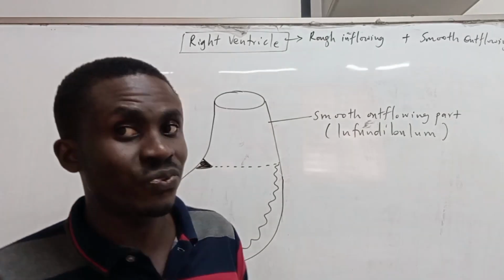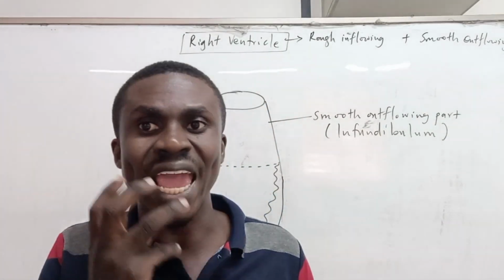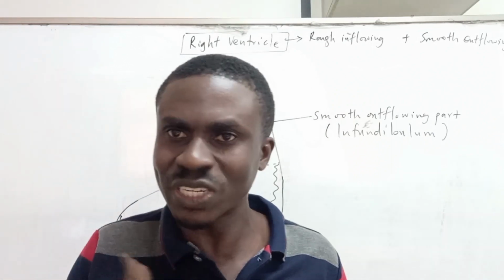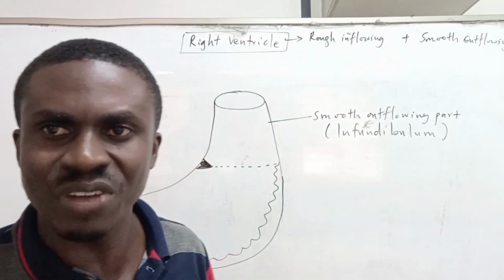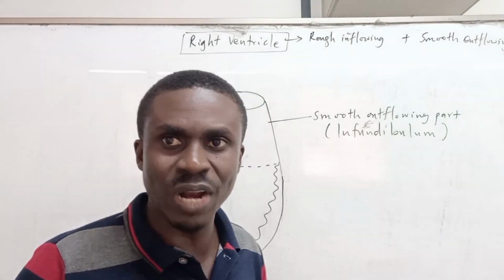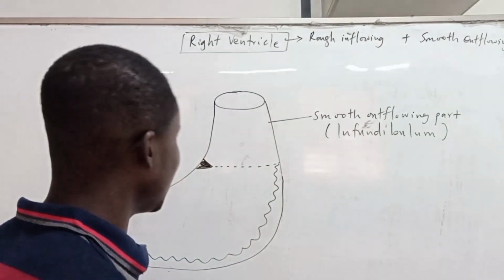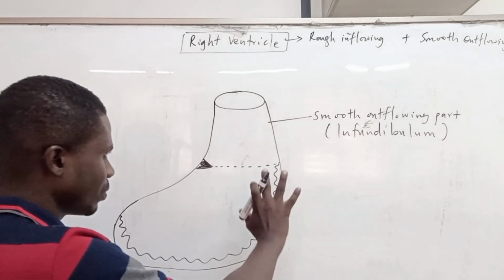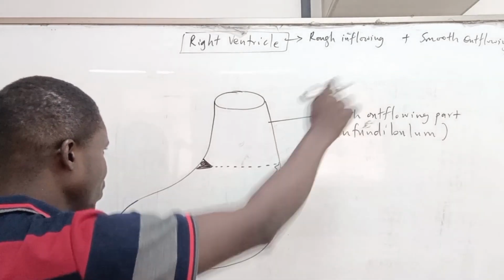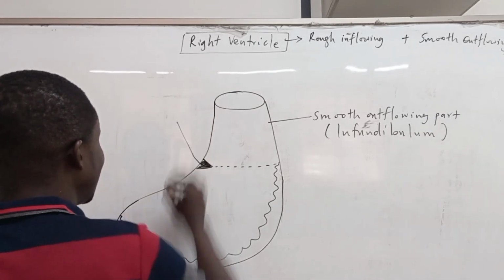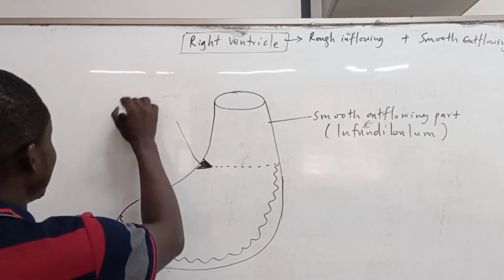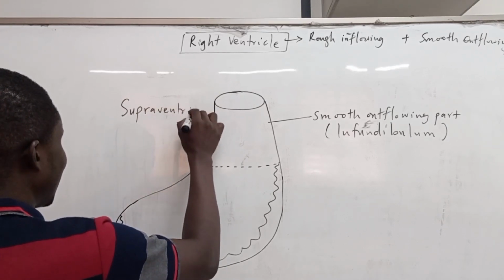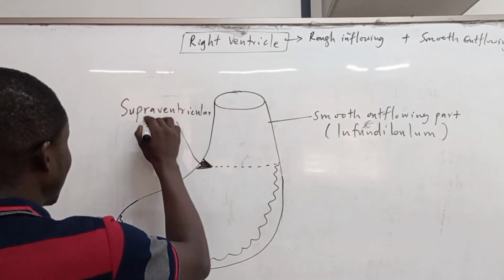In the case of the left ventricle, we call it the aortic vestibule, because from the smooth part we are going to the ascending aorta. In the right ventricle, we call it the infundibulum. This thing, where you're separating them, is what we call the supraventricular crest.